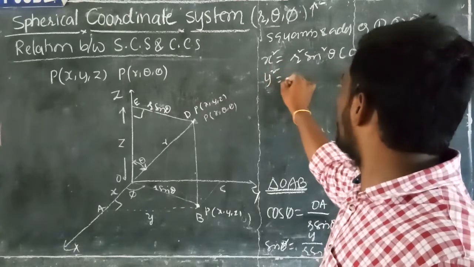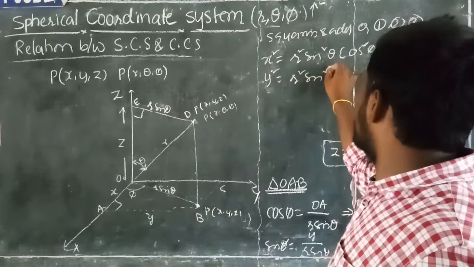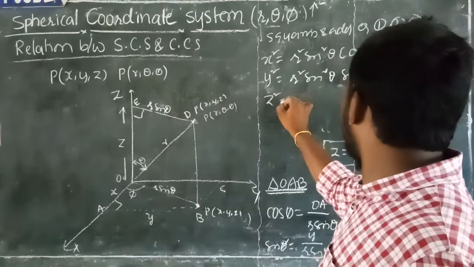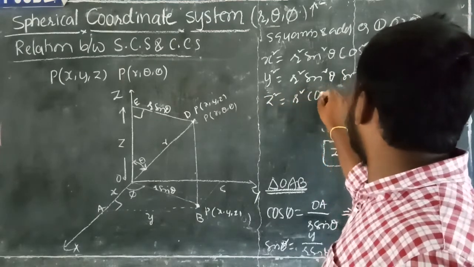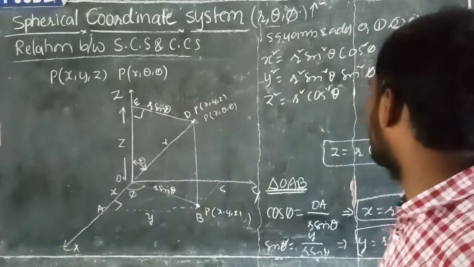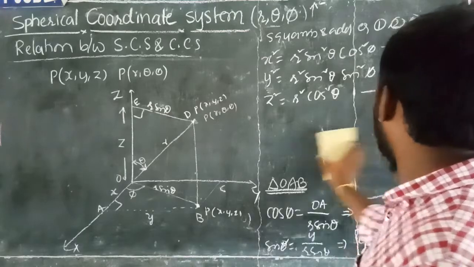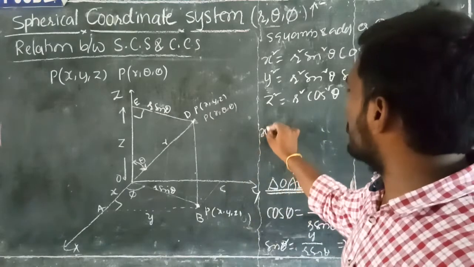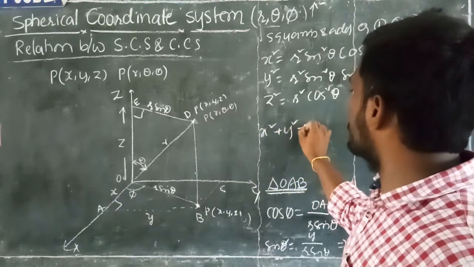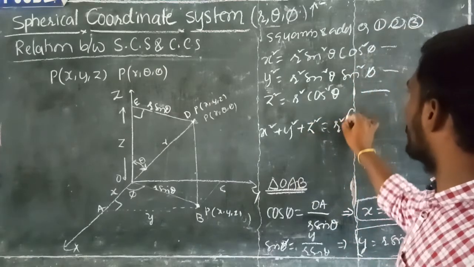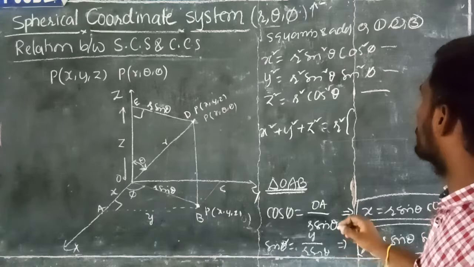Next, y square equals r square sin square theta sin square phi, and z square equals r square cos square theta. If you add these three equations, what will you get? You will get x square plus y square plus z square equals, r square is common.